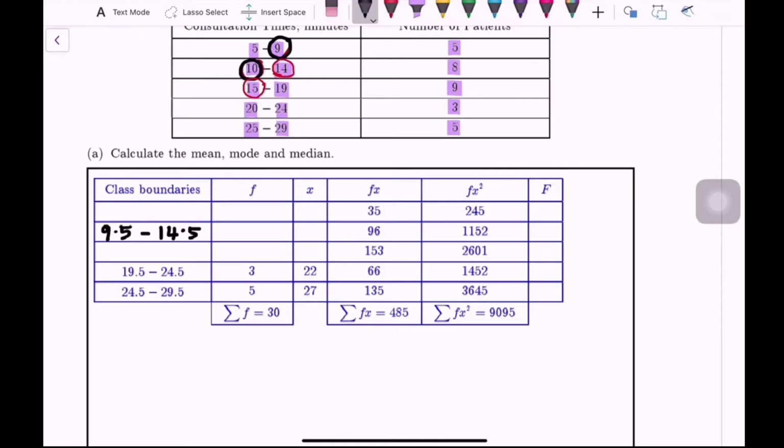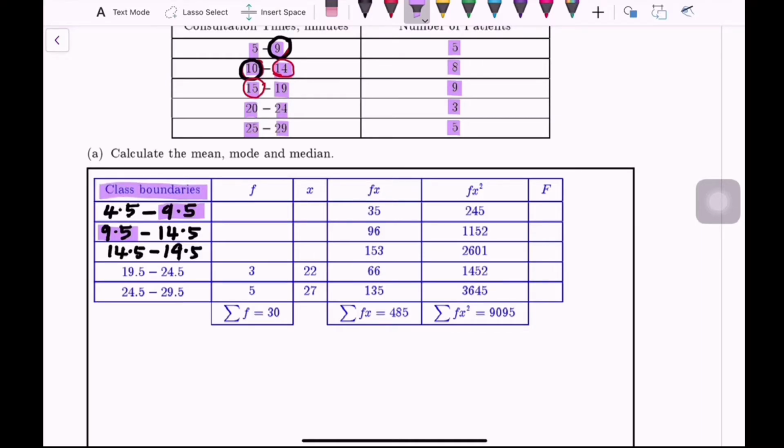We write the other class boundaries. The first class boundary is 4.5 to 9.5, and this one is 14.5 to 19.5. If the upper limit and the lower limit of the next class are equal, we call it a class boundary.